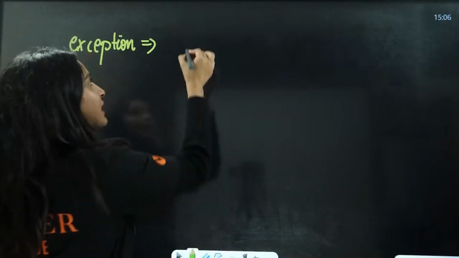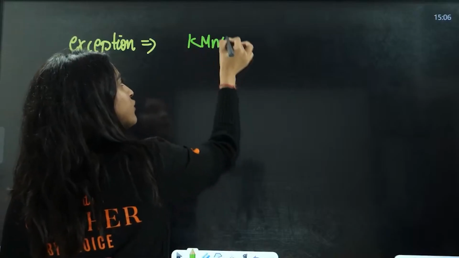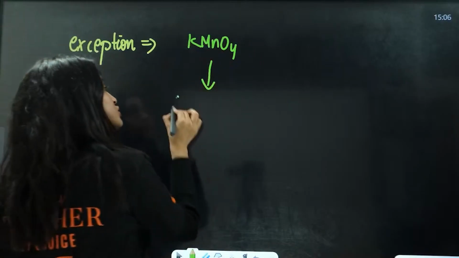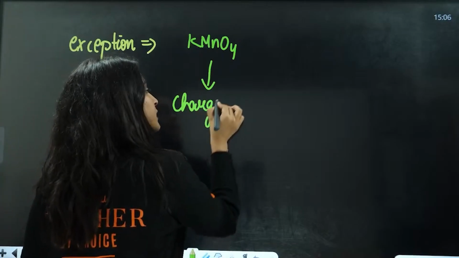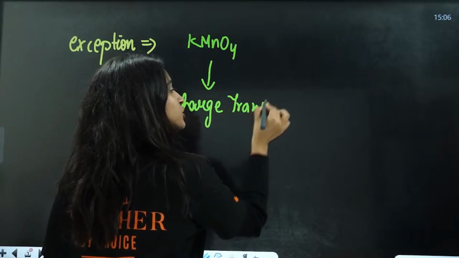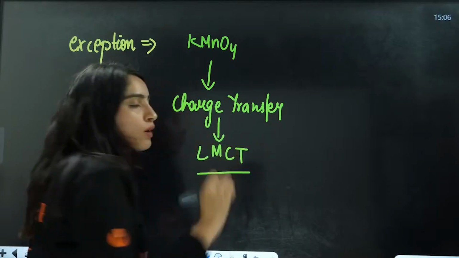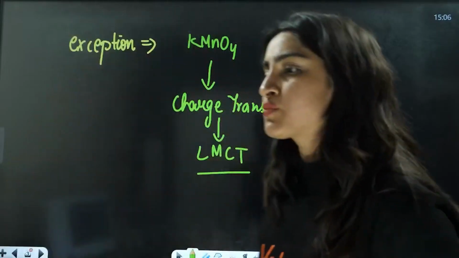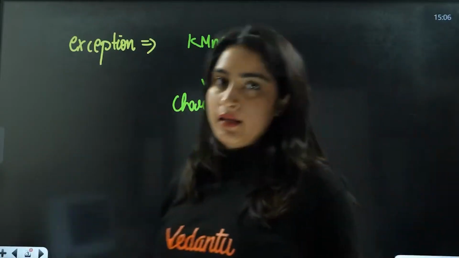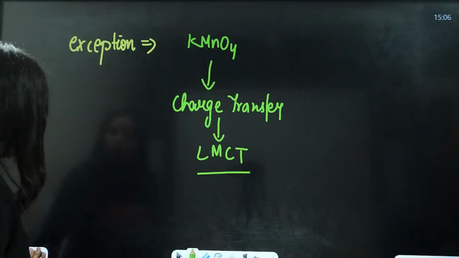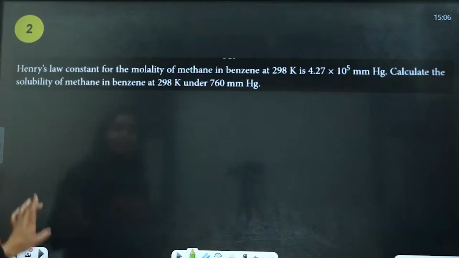This is not in that much detail in your syllabus, you just need to remember this line: KMnO4 shows color because of charge transfer, that is LMCT. Because of charge transfer it shows color, not because of d-d transition. That is the exception.